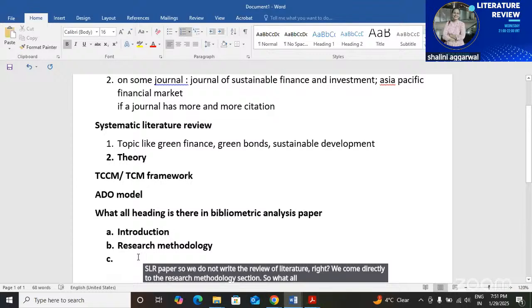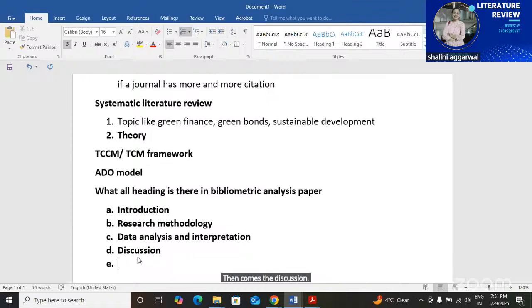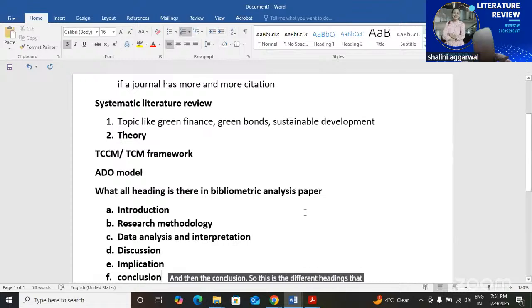Let me write first all the parts of it. The next important thing is data analysis and interpretation. Then comes the discussion, implications of the study, and then the conclusion. So these are the different headings that come into the bibliometric paper.